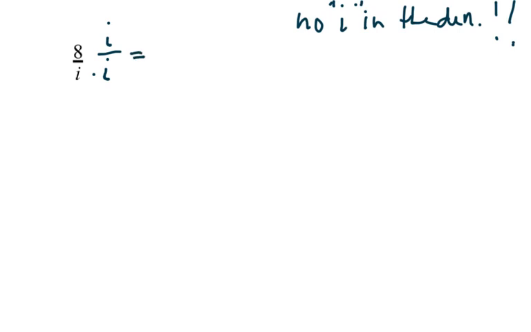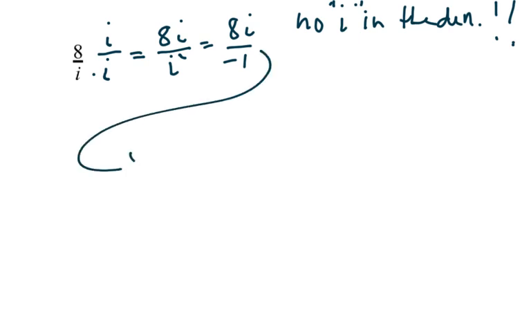That's going to give us 8i over i squared. Remember what i squared was? Yeah, that's right. It's negative 1. So 8i over negative 1, which is the same thing as negative 8i. There you go. And now we no longer have i in the denominator. That's called rationalizing the denominator.